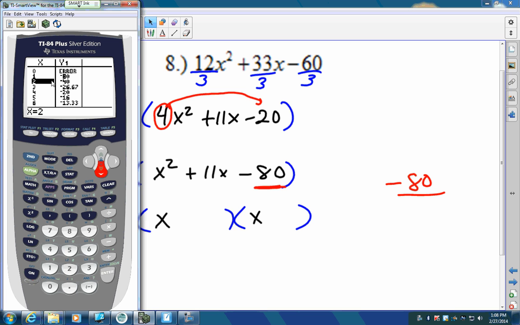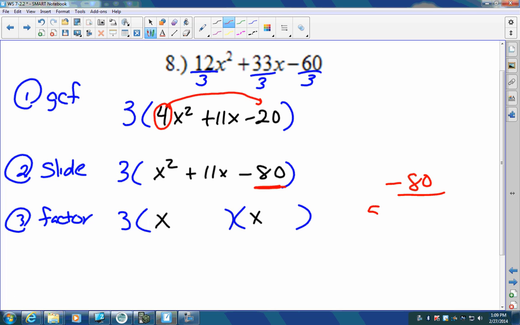If you add them together, you get negative 38. Oh, that's a decimal. I'm not messing with that. What about this one? 4 and negative 20. Negative 16. 5 and negative 16. If I add them together, what do I get? Negative 11, right? What do I need? I need a positive 11.